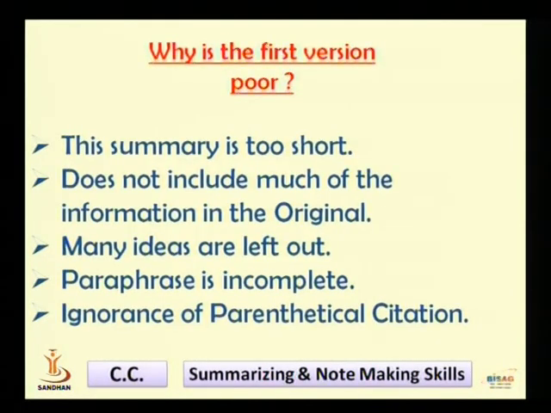If you're writing the summary of a series of passages, you can always mention the page number and the name of the author who has written it. So this is going to help as the parenthetical citation, showing that you have read this entire piece properly with effective reading techniques. So here in the first version we find that the student has ignored the parenthetical citation.